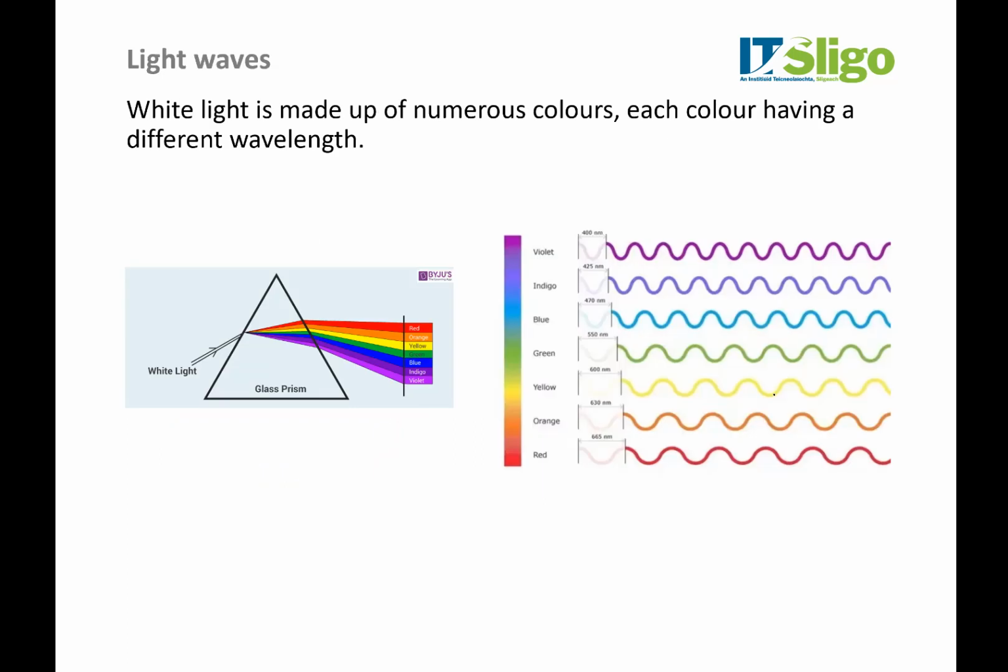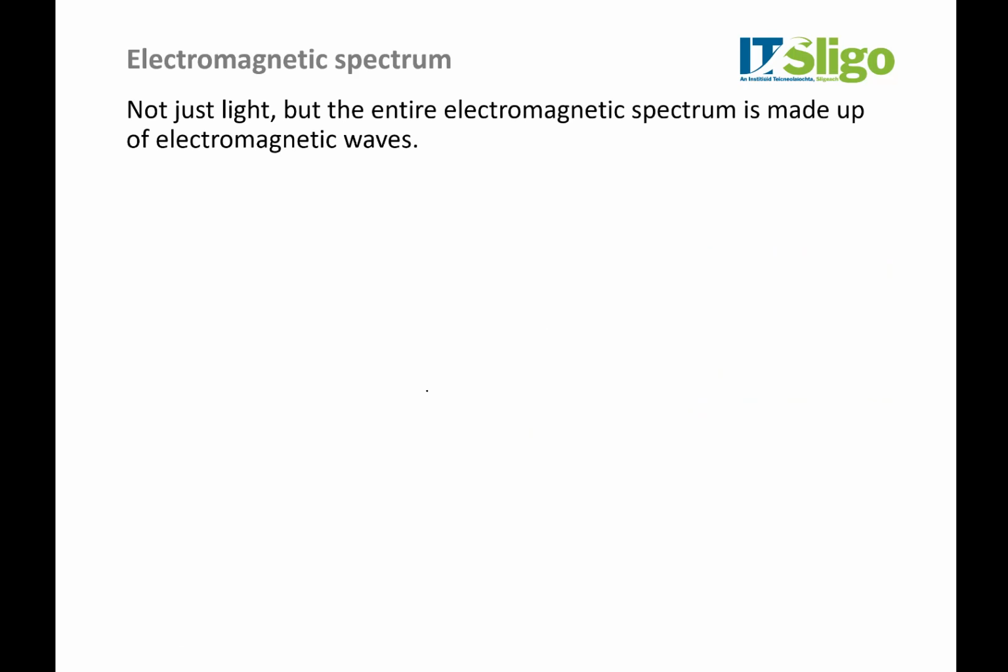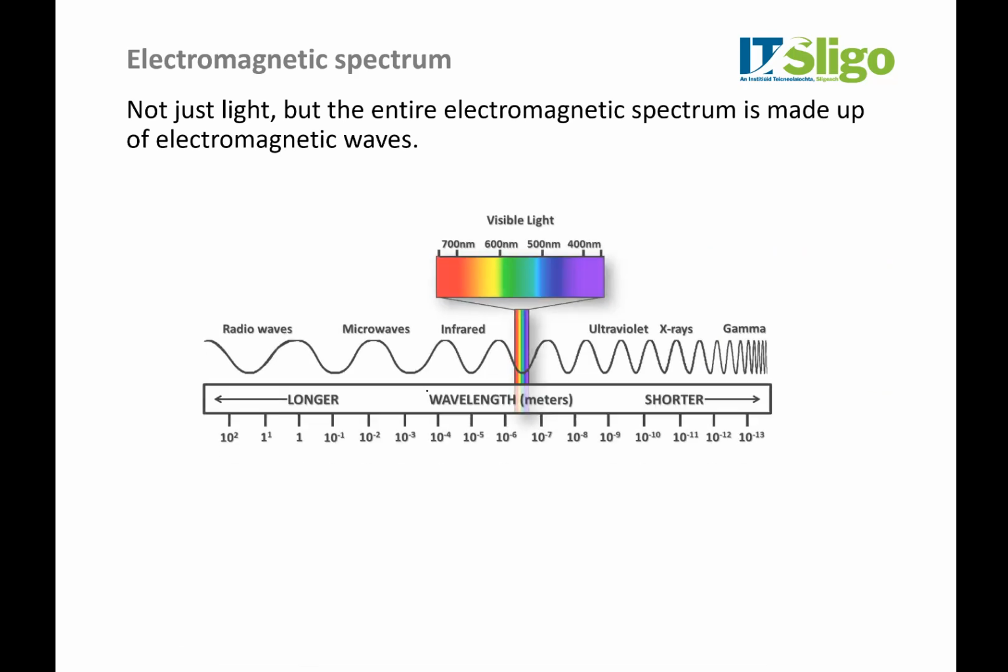Anything you look at is governed by waves, because light, any kind of light, is a waveform. Each color has a different wavelength. This is the visible spectrum. So this is where our sight lives, within this spectrum. And then there's an electromagnetic spectrum, which covers a much larger range.